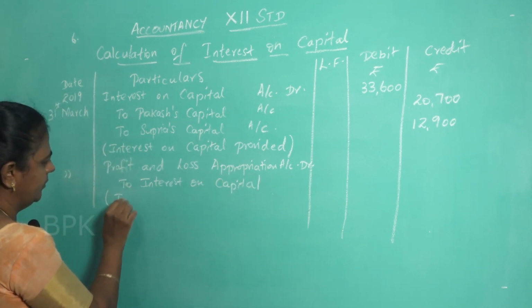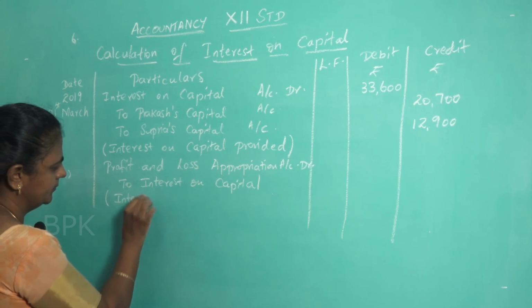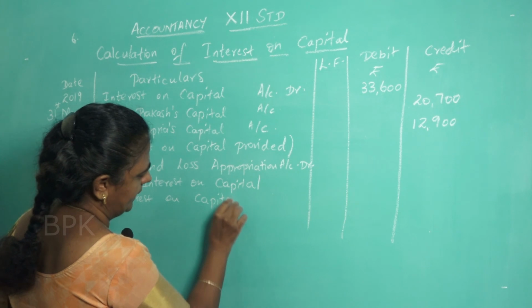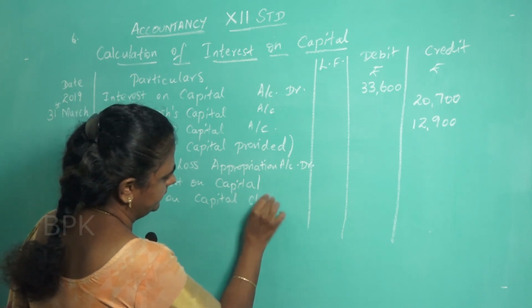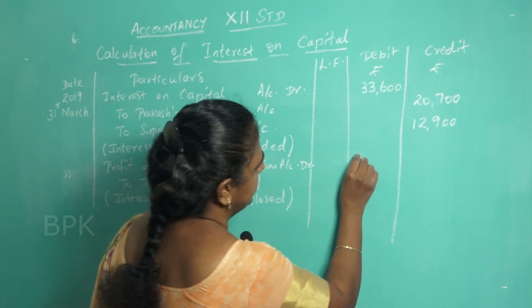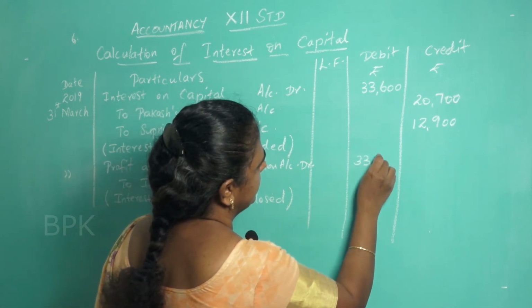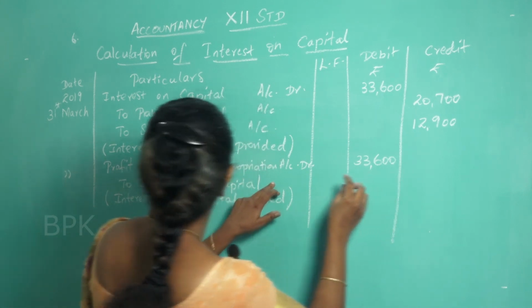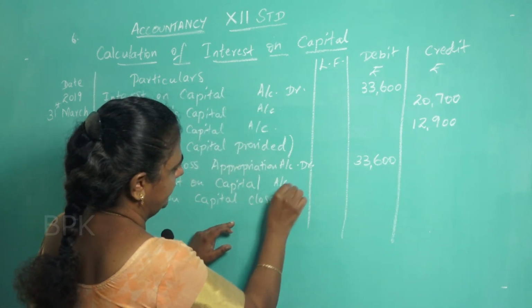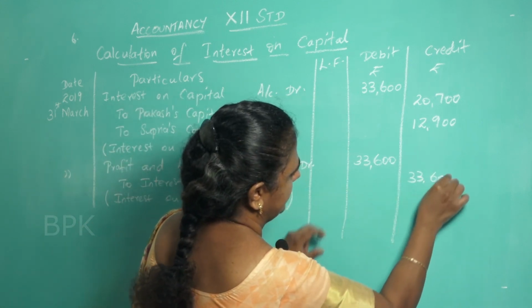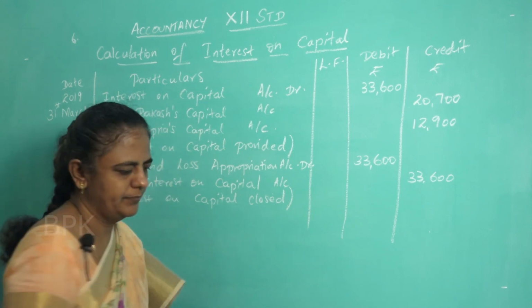So what you have to write? Interest on capital closed. So take the total and write here: 33,600.